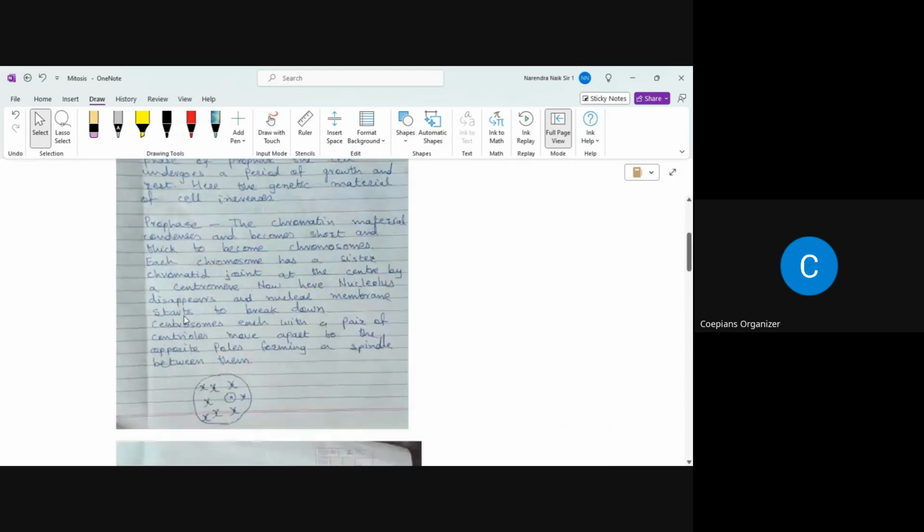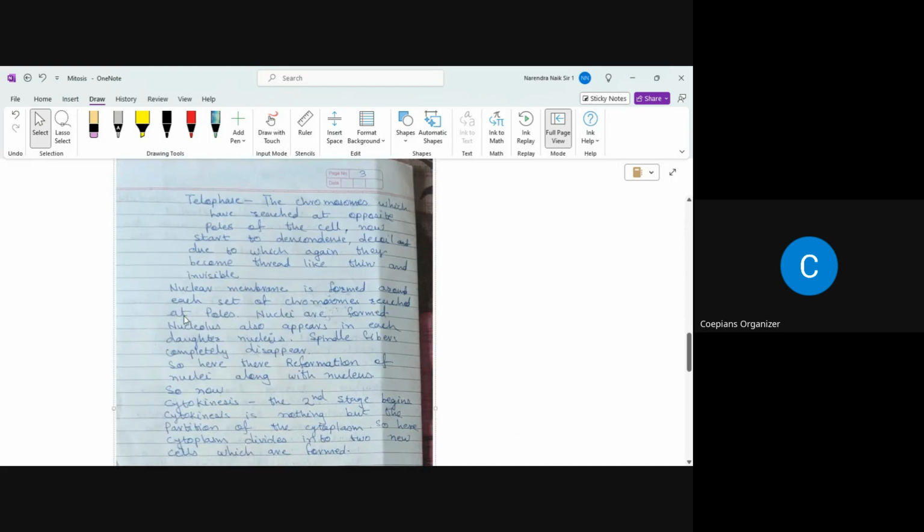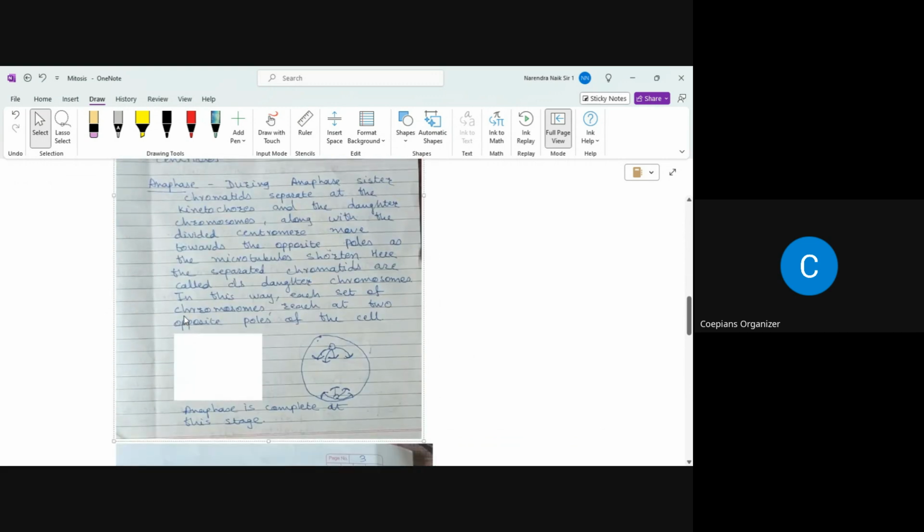Now, after prophase we have metaphase, and metaphase is followed by anaphase. During anaphase, sister chromatids separate at the kinetochores.